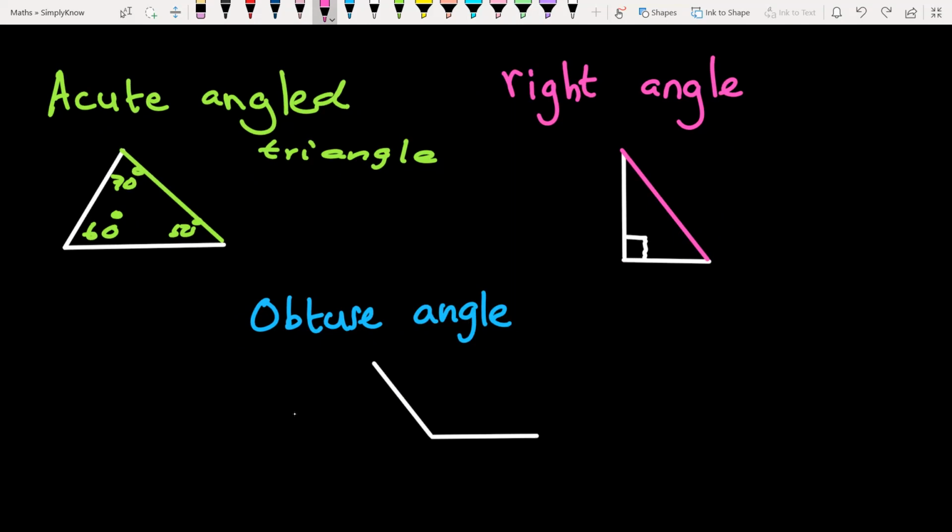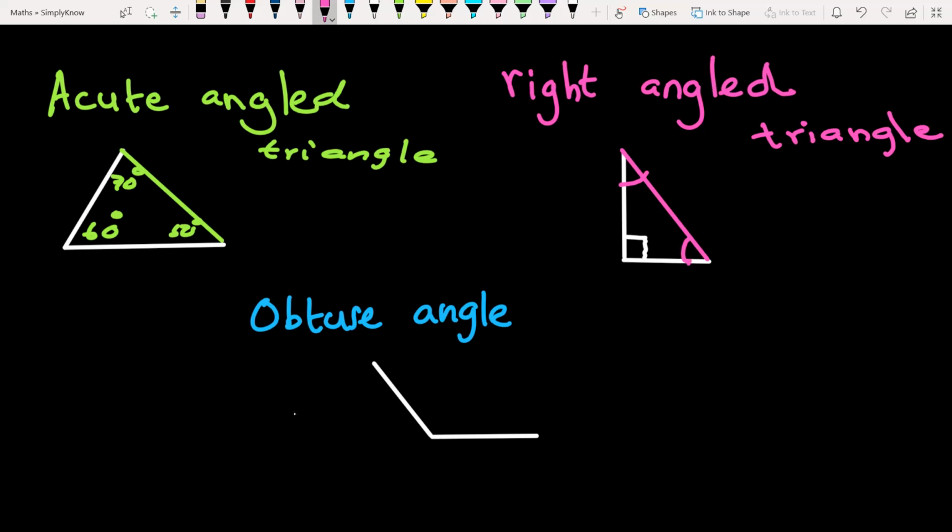We can call this triangle a right angled triangle. These two angles are acute angles. But when we have a right angle out of three angles in a triangle, we call it a right angled triangle.